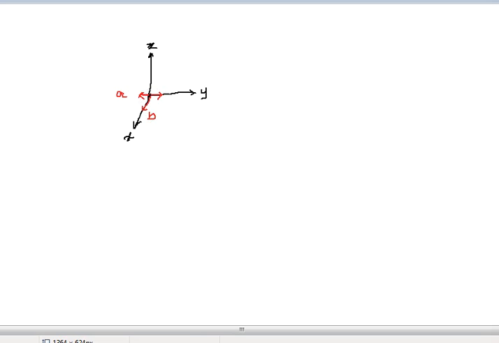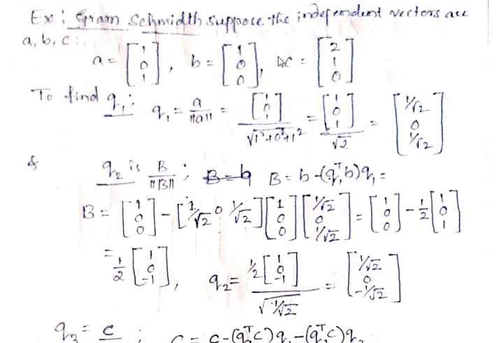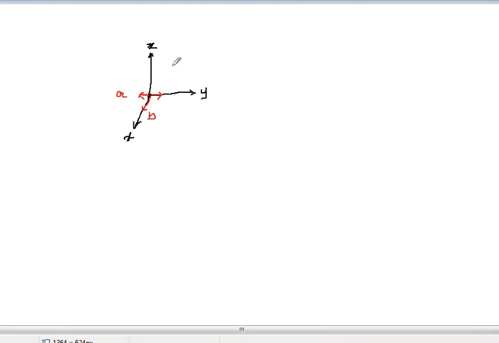Now B is 1, 0, 0. As B is 1, 0, 0, we can write this one as 1, 0, 0, which means only x is present.